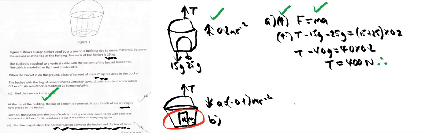Right, so again, I am going to resolve positive in the upward direction. So I've got a direction, I've got a diagram. Okay, I know that I'm going to use F equals ma. So I've got an equation.